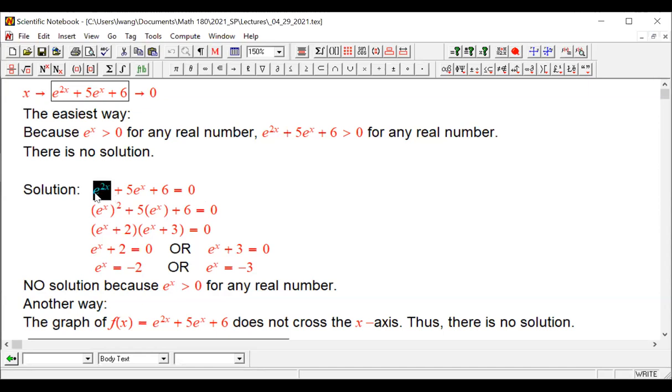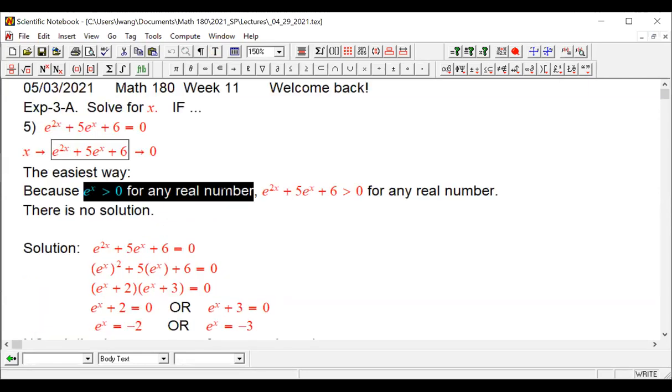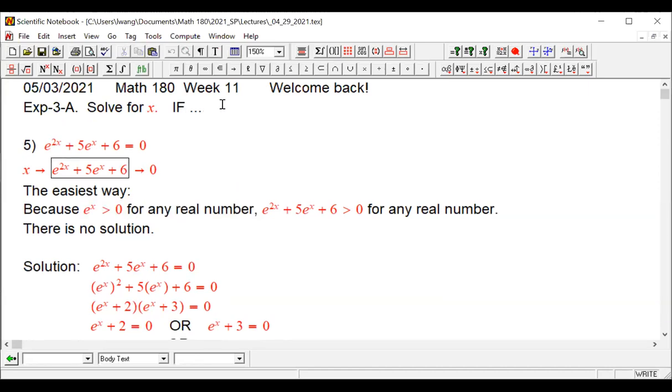You look at this term, oh, this is always a positive, and this is always a positive, and 5 times a positive number is a positive. So this whole thing is a positive. A positive plus 6 is even more positive, right? This is a very, very powerful statement. So without further ado, let's look at how about number 6?